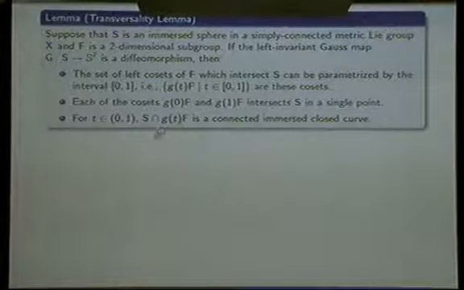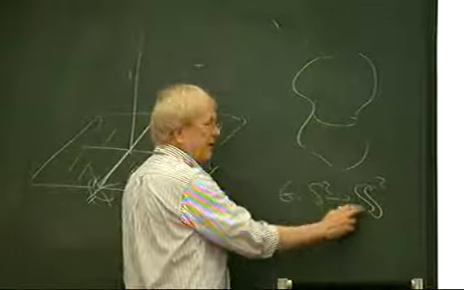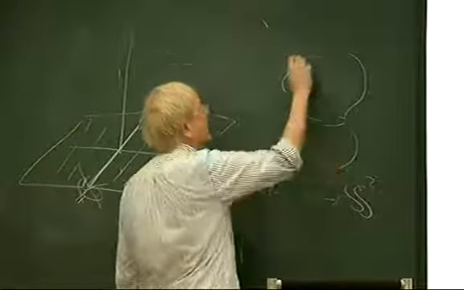In order to do that, I need this transversality lemma, and it's a very general result. It says that if I take an immersed 2-sphere in my space, here's an S2, and I want to have a property that the Gauss map, the unit normal map.